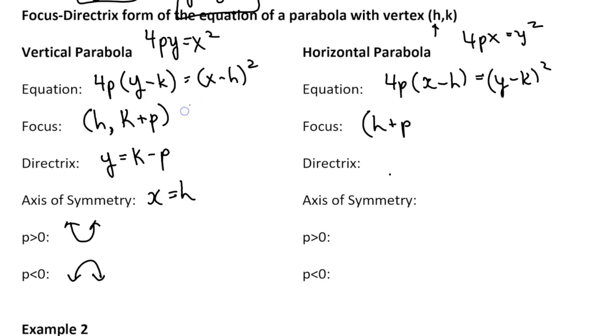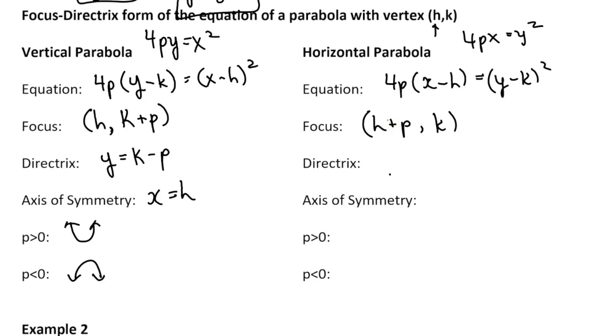And based off of that, your y value would also stay consistent. It would just stay at k. So you would have (h plus p, k). And your directrix would be the mirrored image of dropping p units to the opposite of where your focus had gone. So if you added p for your focus, you have to subtract p for your directrix.